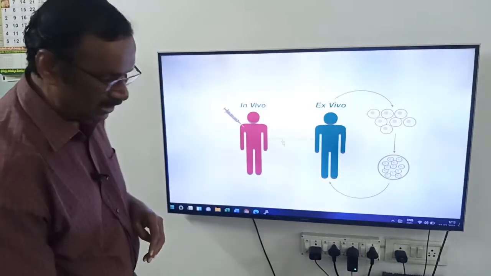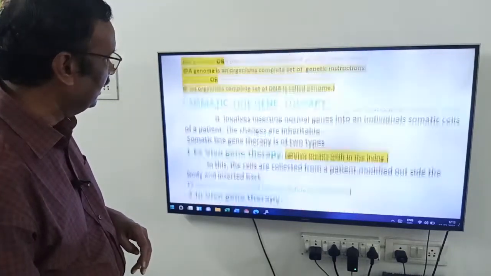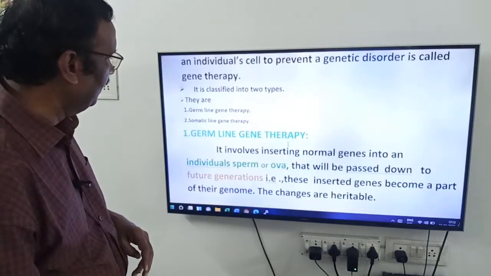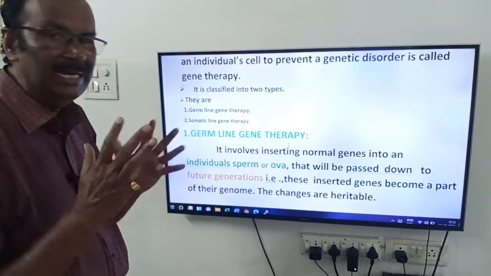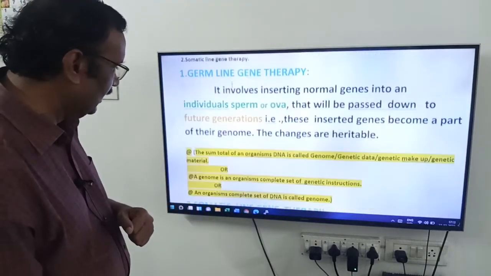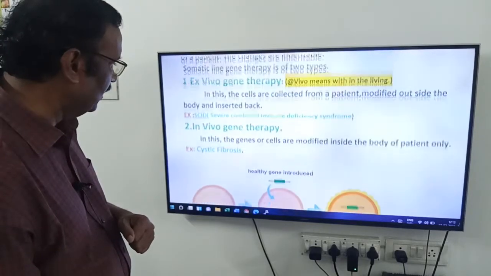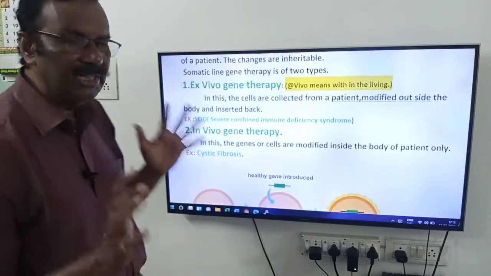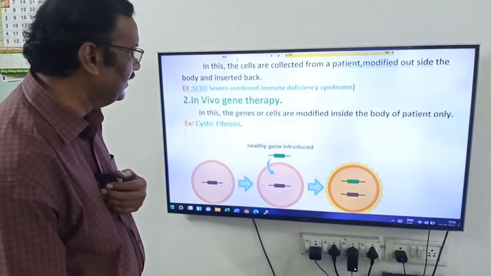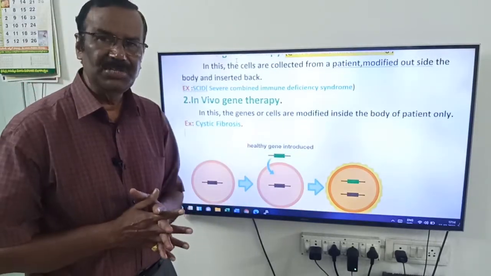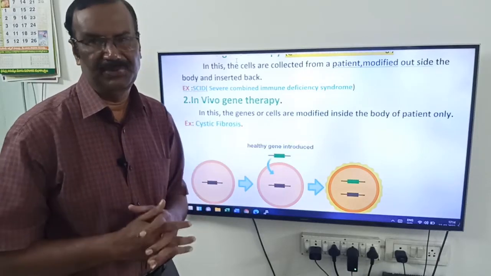Okay friends, that is about what, friends? Gene therapy. Friends, how many types of gene therapy are there? Two types: germline gene therapy and somatic line gene therapy. Somatic line gene therapy, how many types, friends? Two types. What are they? Ex vivo gene therapy and in vivo gene therapy. For ex vivo gene therapy, the example is SCID. For in vivo gene therapy, the example is cystic fibrosis.